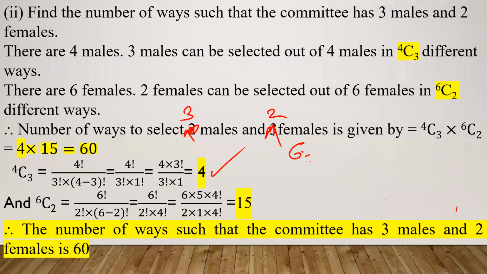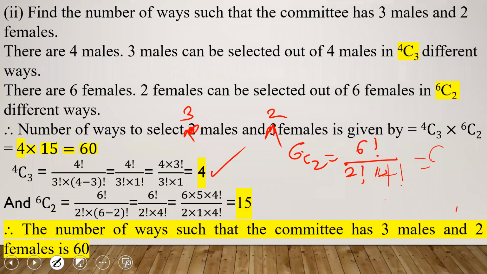So 6C2 will be 6 factorial divided by 2 factorial into (6 minus 2), that is 4 factorial. 6 factorial I can write as 6 into 5 into 4 factorial, divided by 2 factorial, which is 2 into 1, and then into 4 factorial.